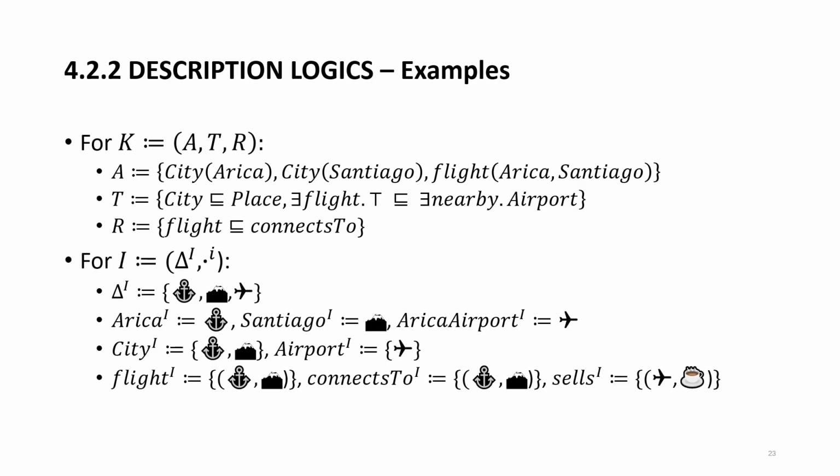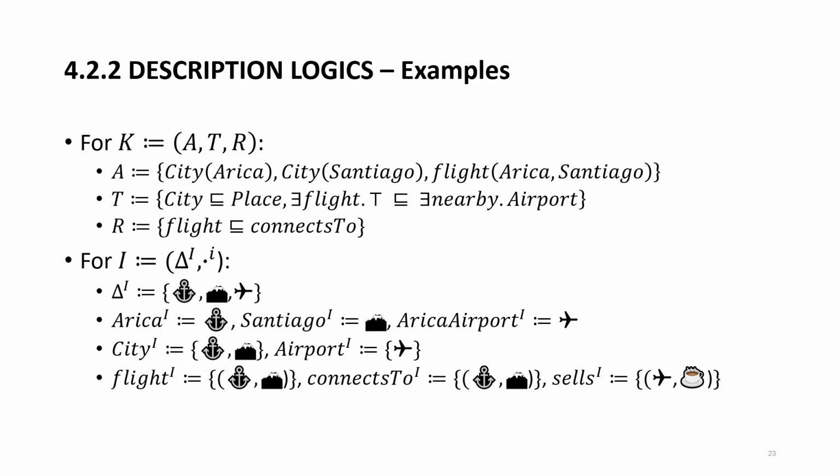And for the DL interpretation containing the interpretation domain and interpretation functions, we have that the interpretation domain contains the port, a mountain, and a plane. The individual Arica I has the element port, Santiago I has the element mountain, and the individual Arica airport has the element plane.